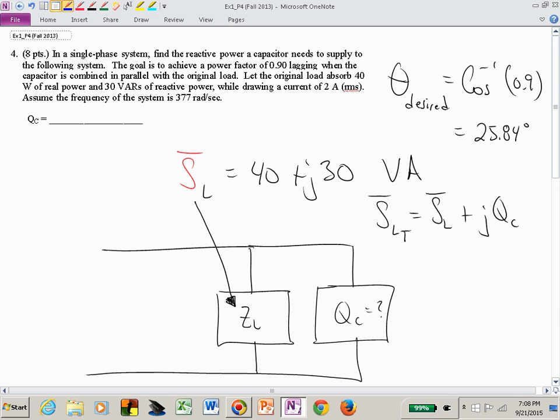But in this case, we're not even asking for you to find the capacitor value. We're just asking you to find how much reactive power is the capacitor supplying to this other parallel load to get the entire combination to have an angle of 25 degrees or a power factor of 0.9 lagging.